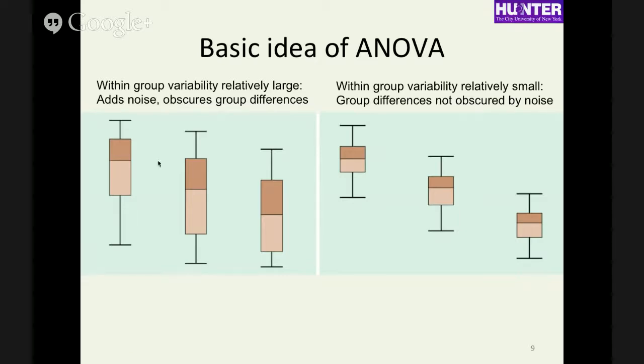It makes you think that maybe these differences in means between the groups are just random. Whereas on the right here, these are the same means of each group, but the within group variability is less. So the one on the right is less likely to have happened by chance, those differences in means.